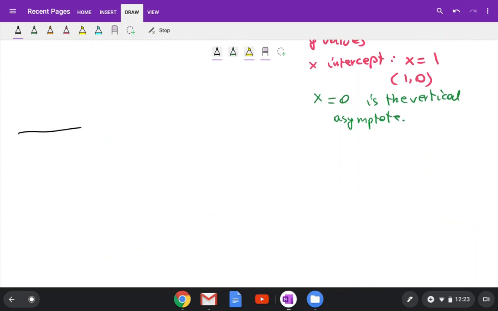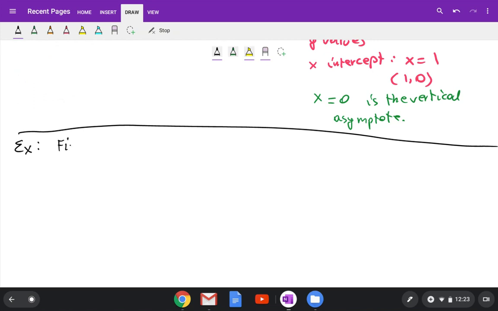So the next example is about finding the domain of a logarithmic function.